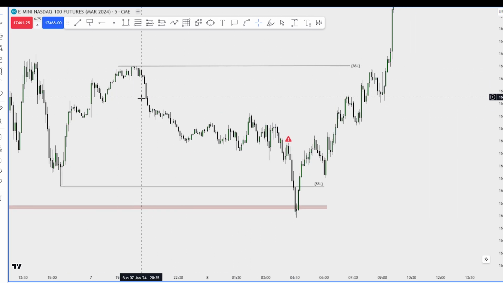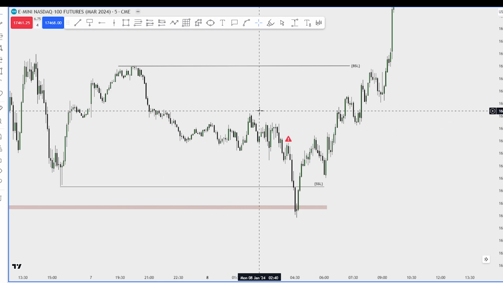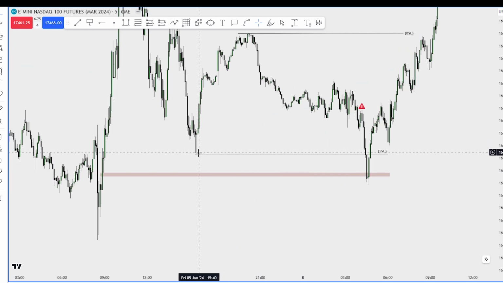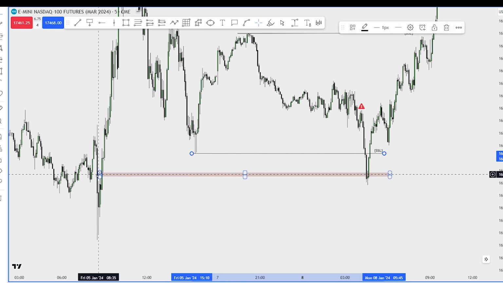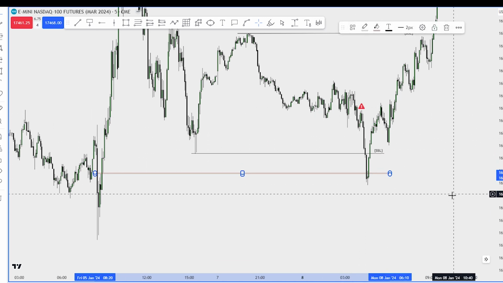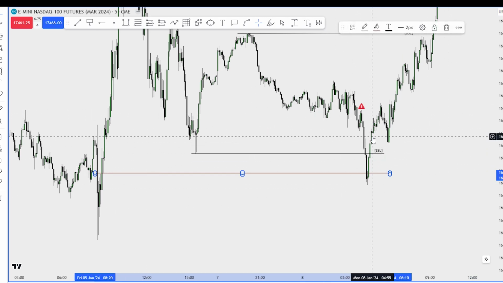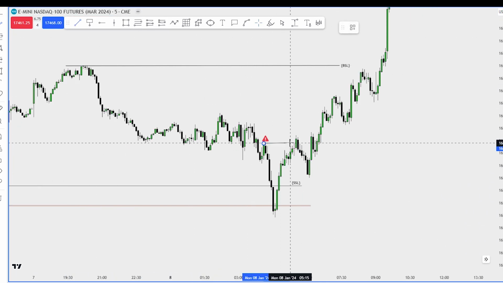So one, as we drop, are we taking out highs? So obviously you know that we're going to retrace into our draw, which is the sell side, and the PD array or the inefficiency down here. And once we hit it, there's no other reason for price to come back down. So we shift here.